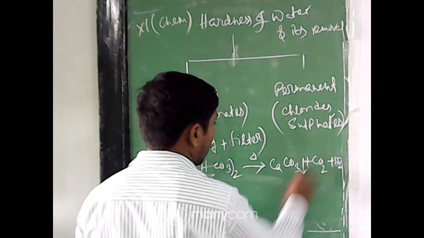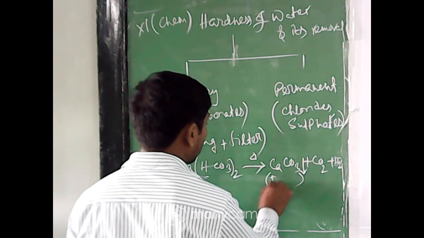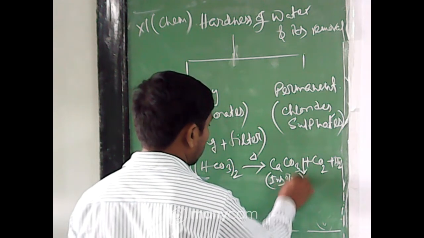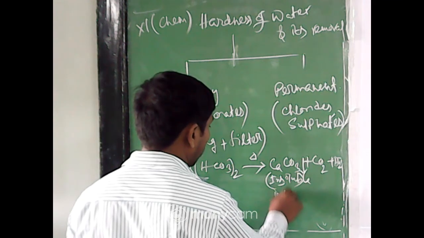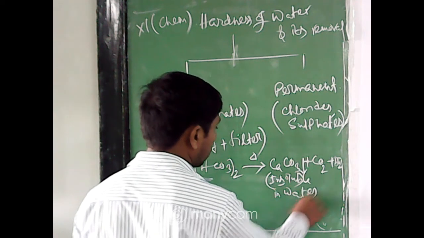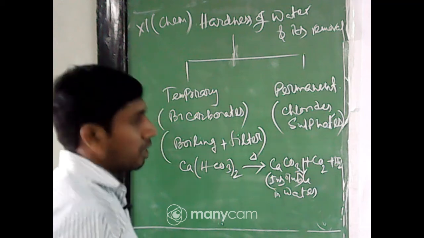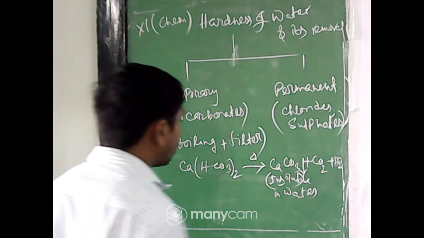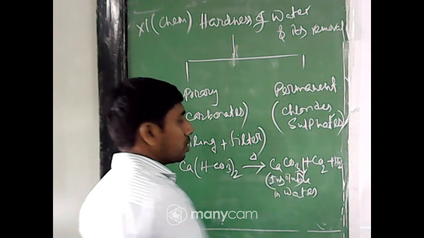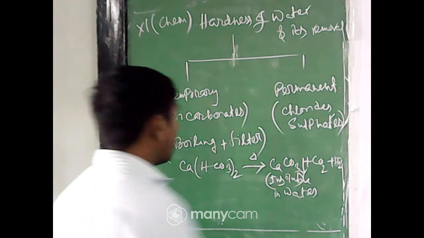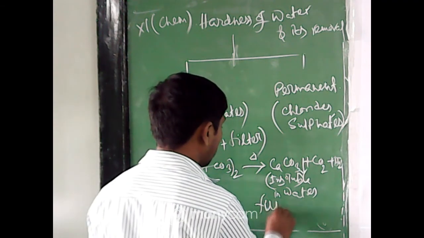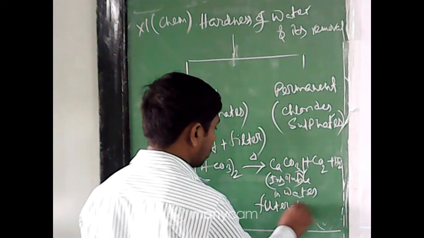Now calcium carbonate is insoluble in water, so we can easily separate it by using filter paper. That is the filtration method.